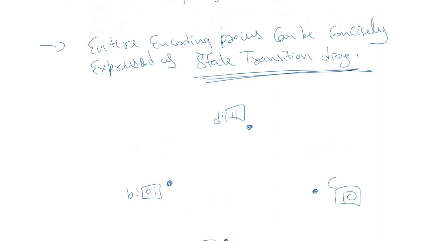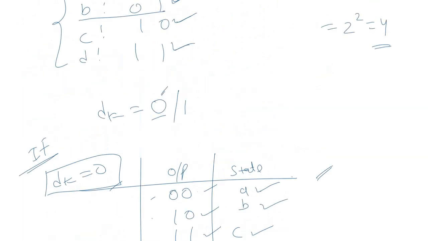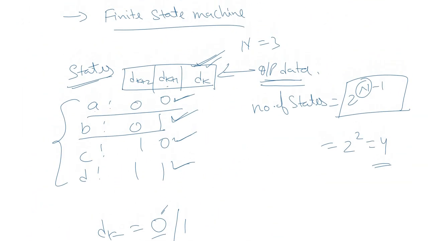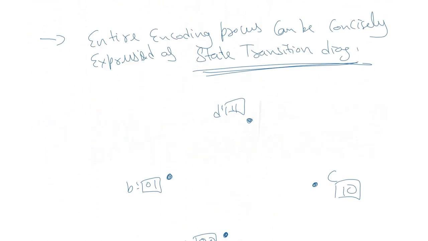So we have made the four states depending on the previously input values. Okay. These are the four states. Let us initially assume that we are starting with state A, that is dk plus 1 and dk plus 2 are both equal to 0, 0.